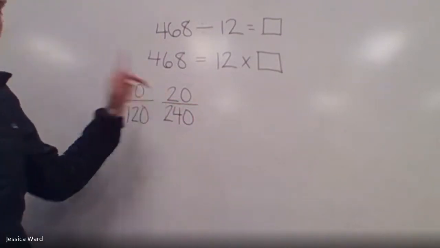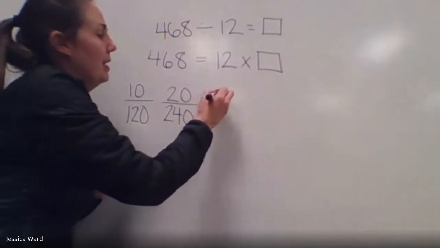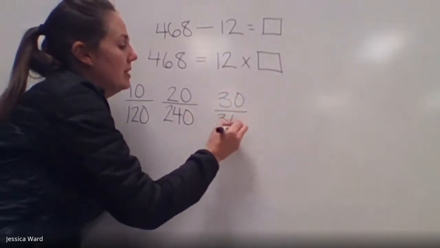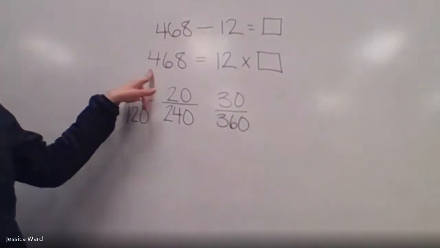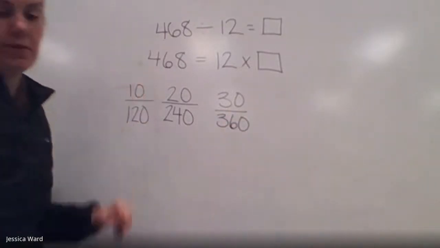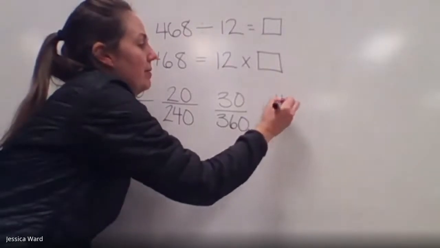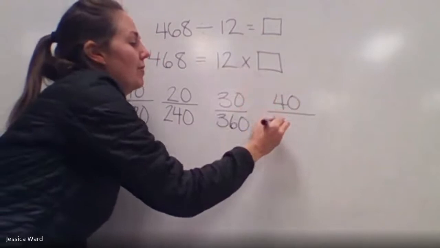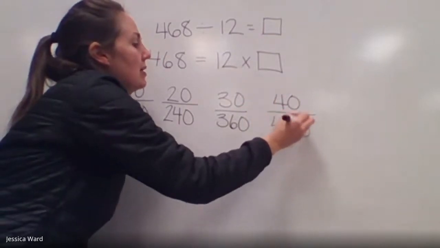Still not enough. So let's keep going. If we multiply 12 by 30, we get 360. Still not quite there, but we're getting closer. If we multiply 12 by 40, we get 480.